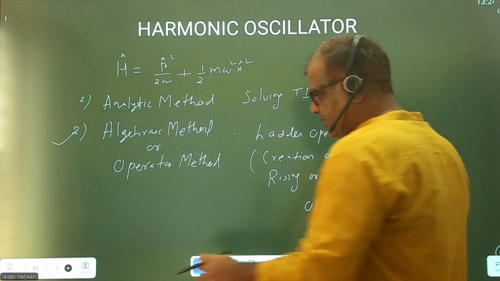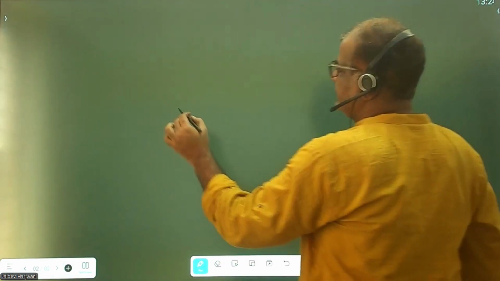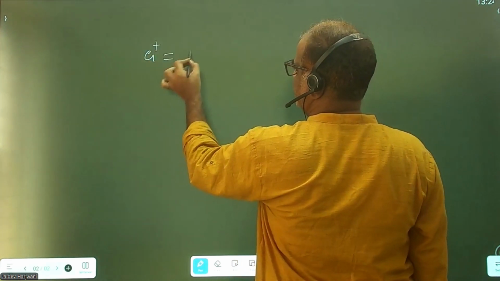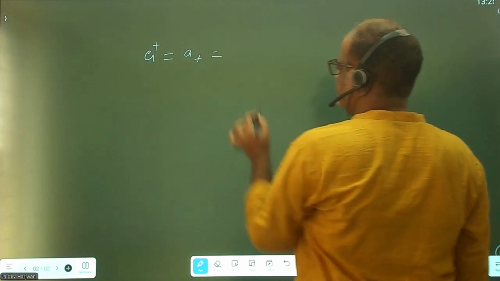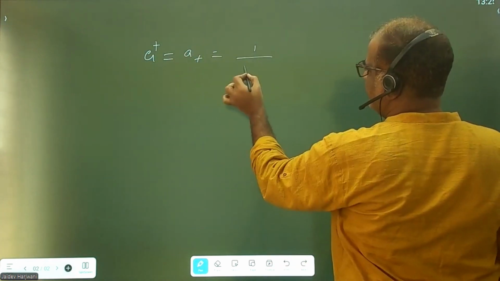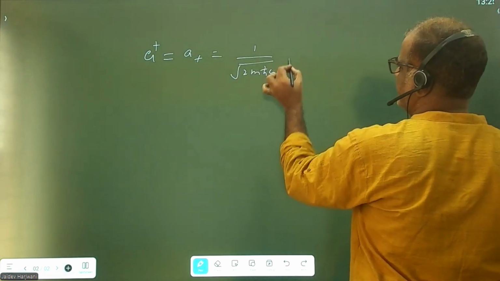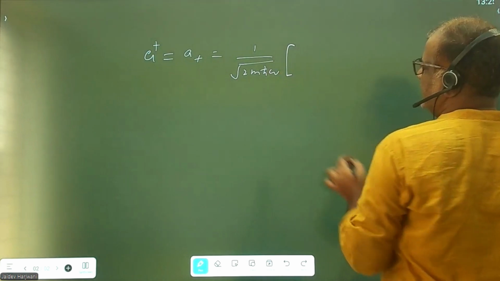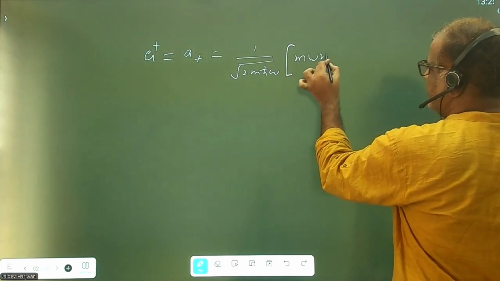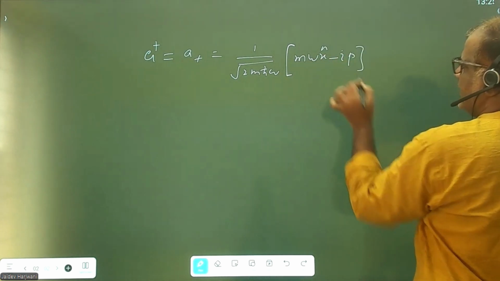I am introducing two operators. a dagger, or we call it a plus also, which is non-Hermitian, equal to 1 over square root of 2m h cut omega times (m omega x cap minus iota p).